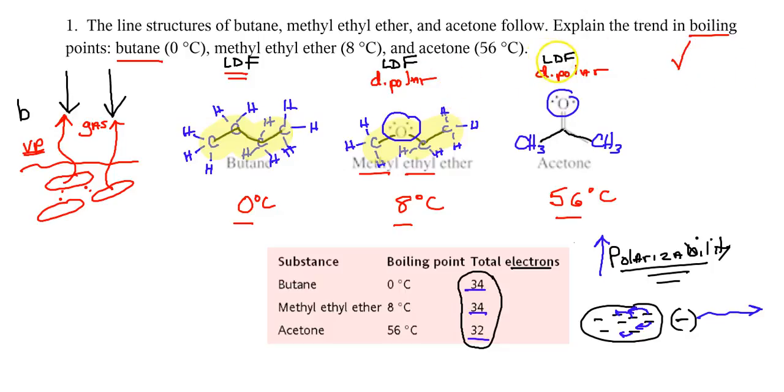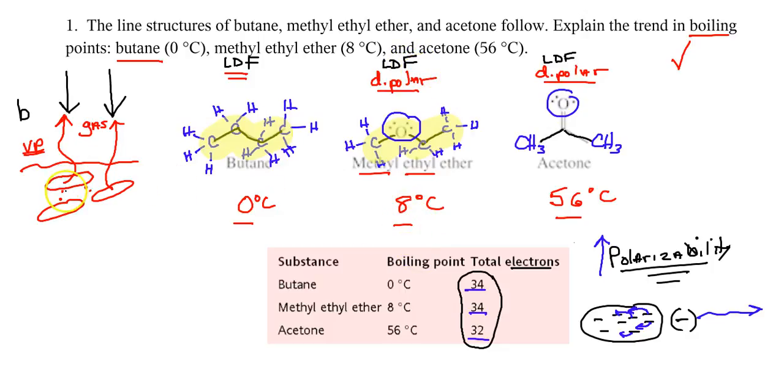Notice how I said this: it has LDFs, while the others have LDFs and another force. Remember, the additional force is a cumulative effect. So we always talk about the idea that they all have LDFs, but these two have an additional force added on top of the LDF, which will make it have a what?